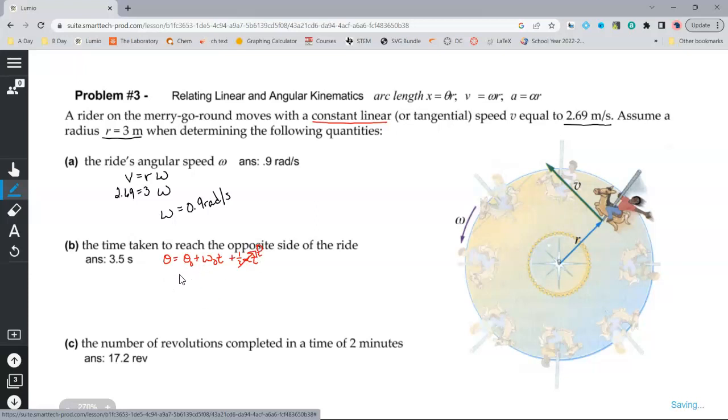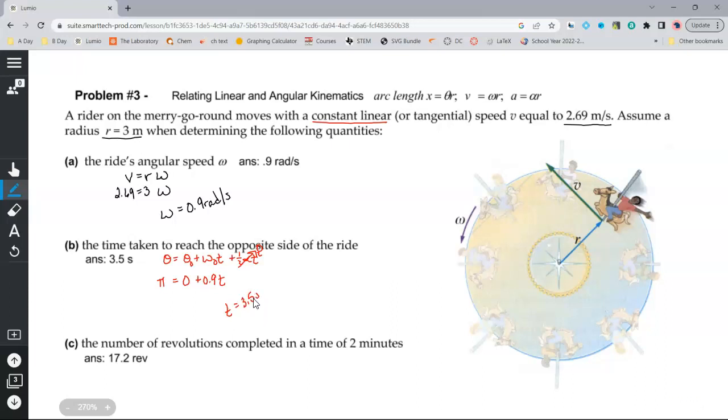We start at a spot we'll call 0, and we know omega is 0.9. We're looking for time, and halfway around to the opposite side is pi radians. So we take pi and divide it by 0.9, which gives a time of about 3.5 seconds.